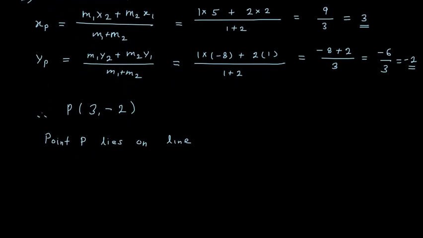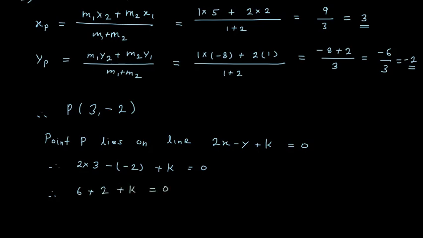Therefore I will say that 2 into 3, minus y, and y is minus 2, so it will become minus of minus 2, plus k is 0. So 2 into 3 is 6, plus 2, plus k equal to 0. So it gives me the value of k: 6 plus 2 is 8, so k is equal to minus 8. So the value of k is minus 8.